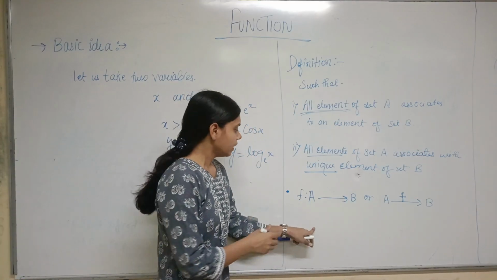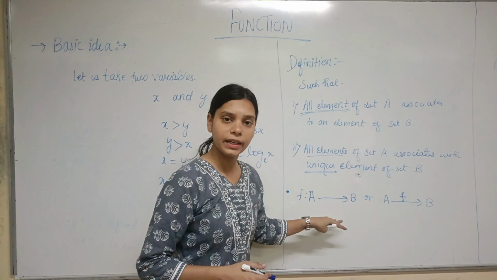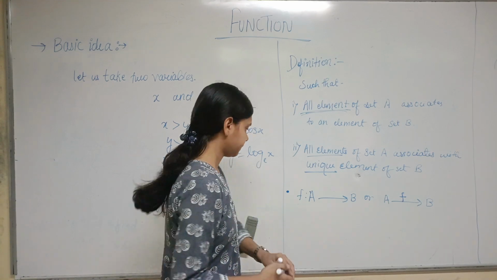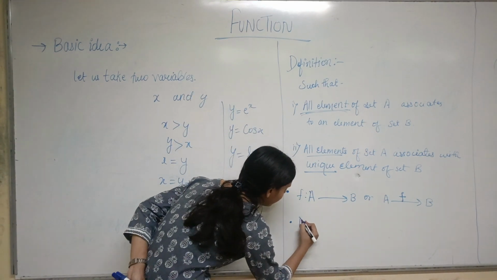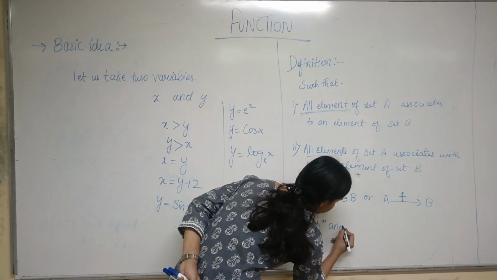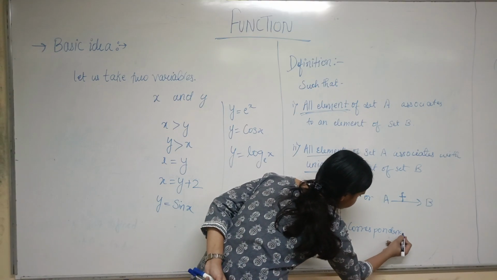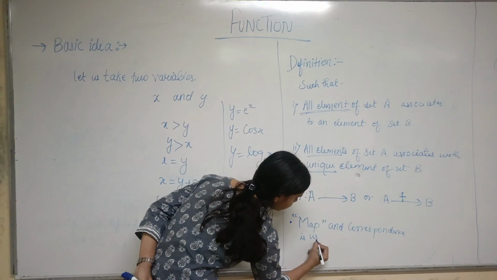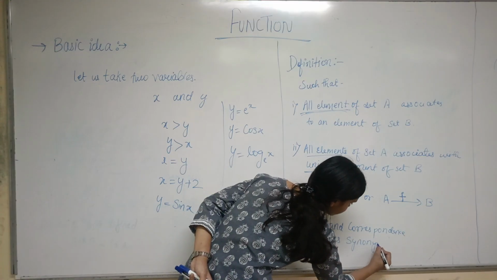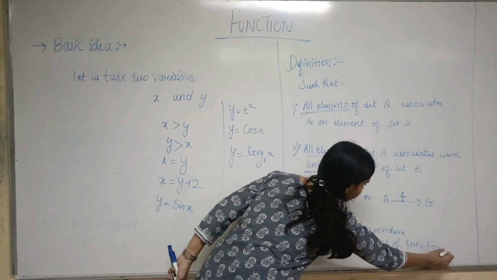Anywhere in this chapter, if you see the representation like that, then the meaning is a function defined from set A to set B. And map and correspondence are used as synonyms of function, right?